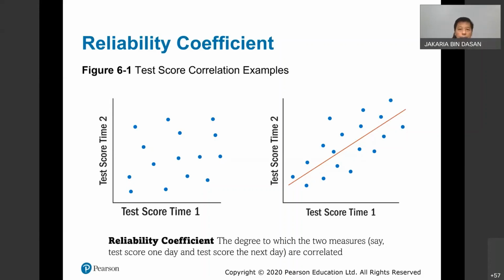As I always compare to doing research, when you do research later on in your last semesters, this is what you should produce in the reliability of your data. You should have the one that looks like the right side, with all the dots located near the line, not like the left side, scattered everywhere. This means that you are not using the right tools, or the way you administer it is wrongly done, and so on.